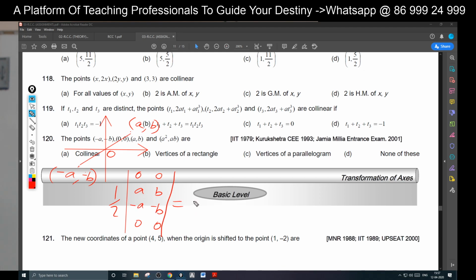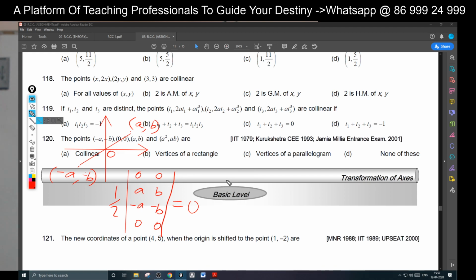Minus ab plus ab, 0. Area of the triangle is 0 and hence those three points are collinear. When three points are collinear, if the fourth point lies on the same line, then we say that all these four points are collinear. But (a², ab) will not be lying on this line. Just give some values to a and b. You can check it like that also.